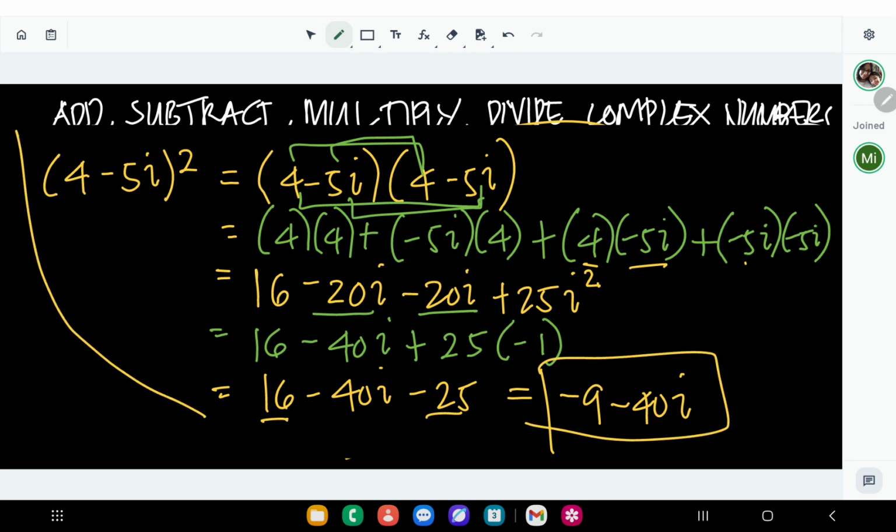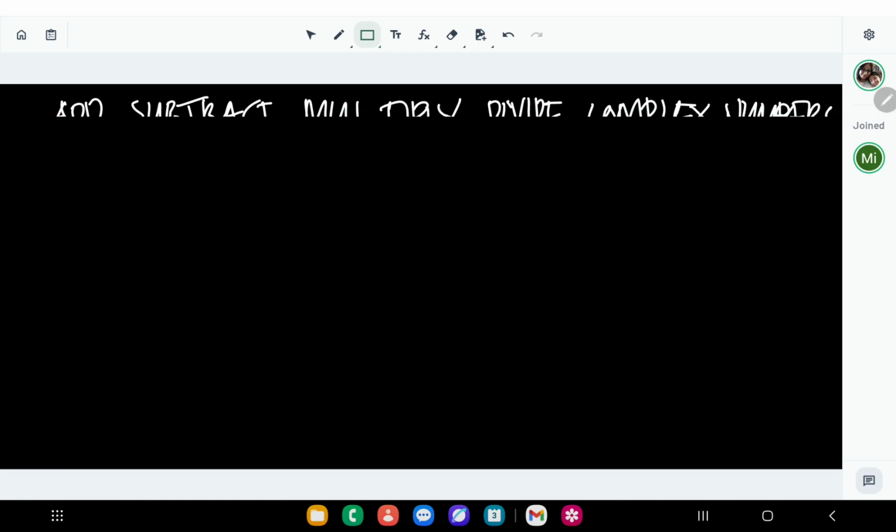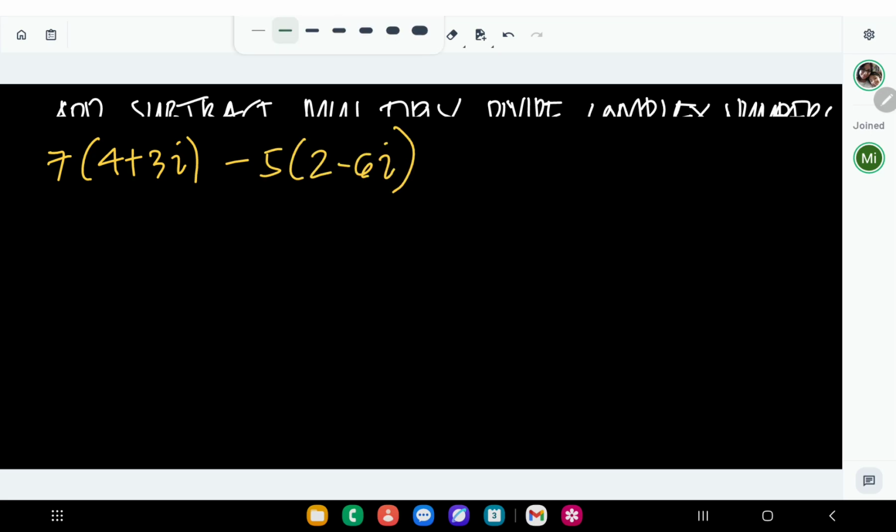Alright? I think 2 more or 3 more. So what if we're given this one? 7 times 4 plus 3i minus 5 times 2 minus 6i. What should be the first thing we're going to do? Yes, distribute first, then simplify.